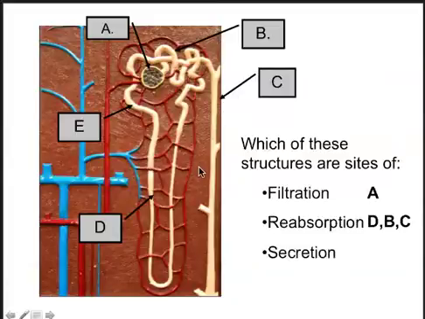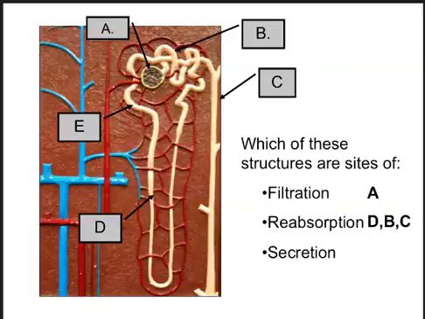The simple answer to the question of reabsorption is that it takes place over here in the distal convoluted tubule. All right. If you look for the distal convoluted tubule, there it is. Okay. I'm sorry. Back up.